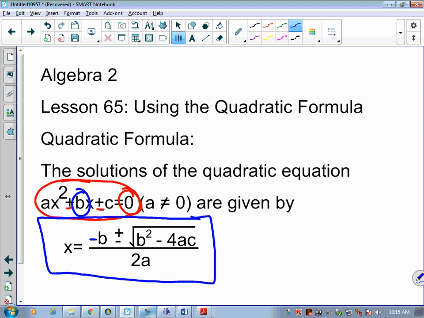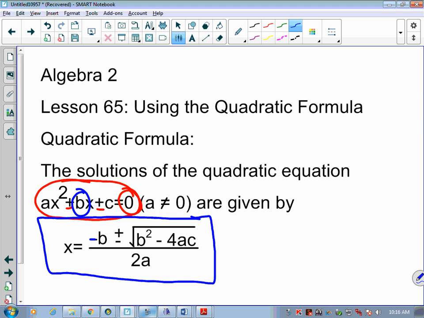Plus or minus the square root of the value of b squared. So again, if this was negative 4 in for b, I would write negative 4 squared. And I want to be very specific here that anytime I have a negative in my negative for b, I need to put it in parentheses inside the square root, okay, because it's not just negative 4 squared, it's parentheses, negative 4 close parentheses squared.